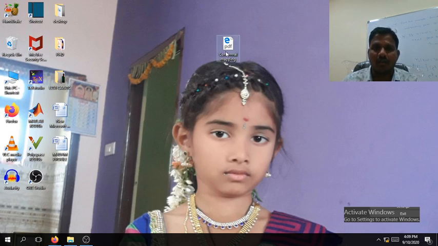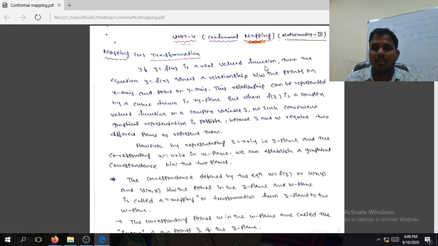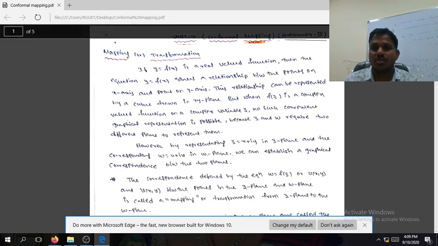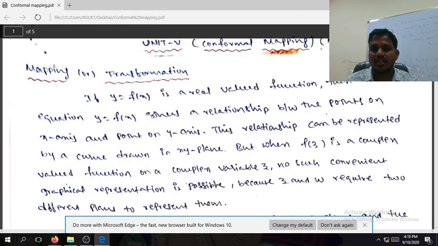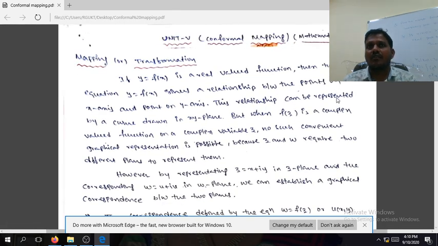Before going to the conformal mapping, suppose you take the function y is equal to f of x, for example y is equal to x square, or y is equal to x cube.